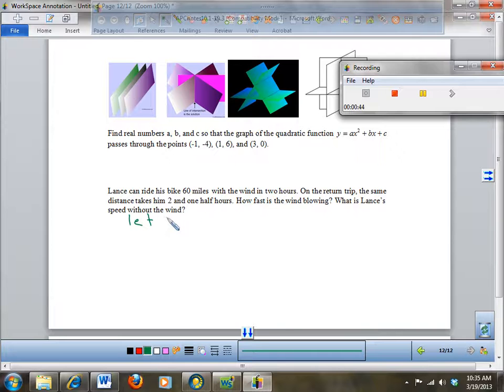So what you want to do is set up two things. First you should see what the question is: how fast is the wind blowing, and what is Lance's speed without the wind? Those two things should be your variables.